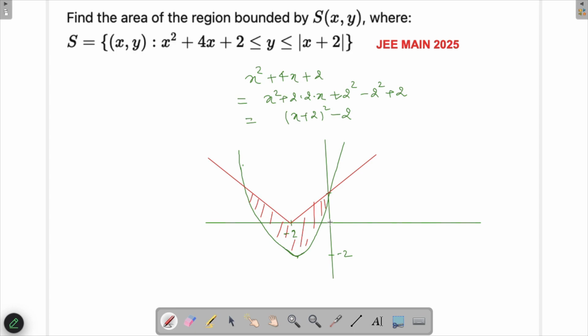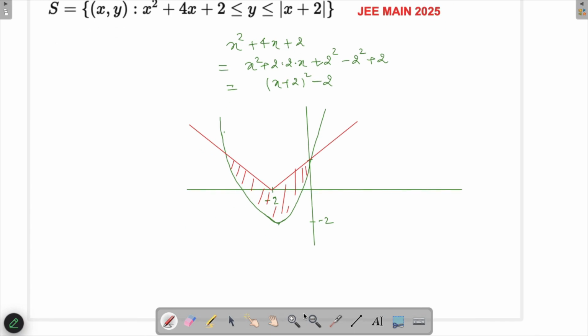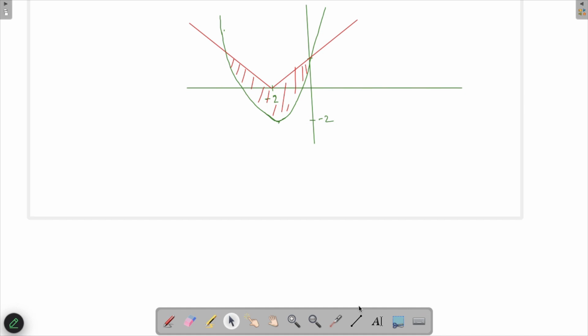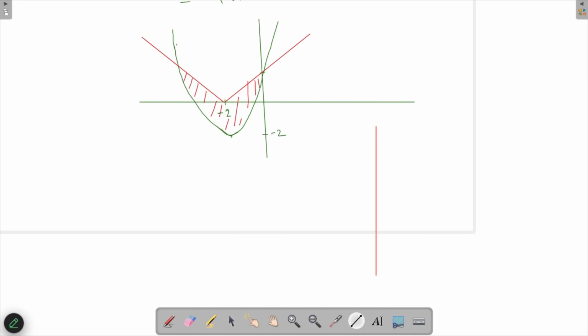This will be my origin, and then I'll shift it by 2 units upward as well, so that my parabola would come over here. So I'm shifting this entire curve by 2 units up and 2 units to the right, and then we can figure out the area easily.